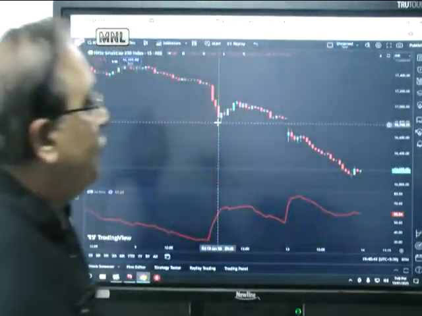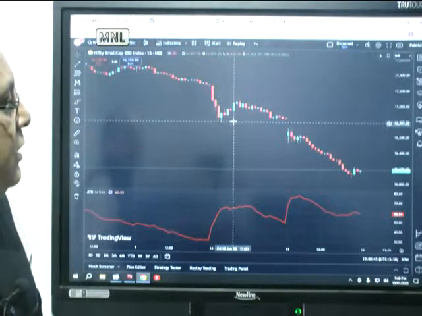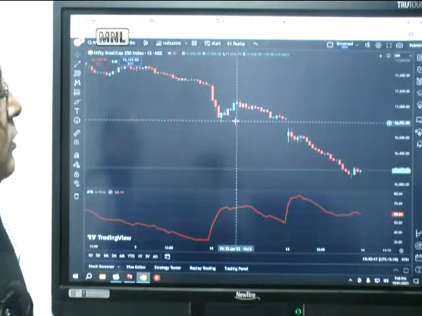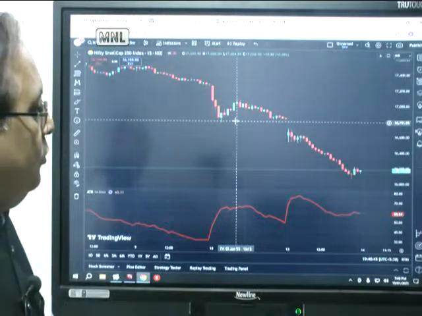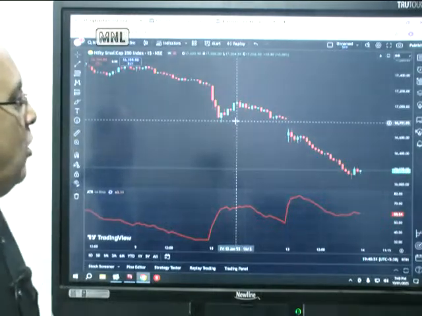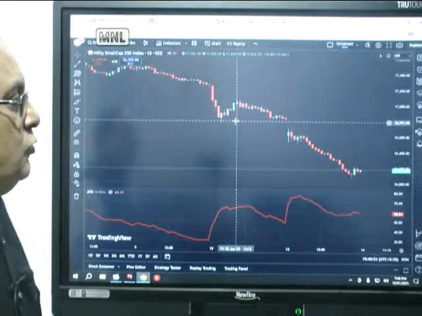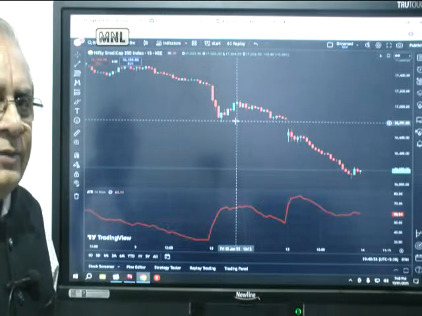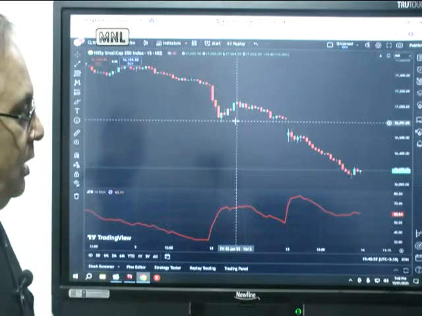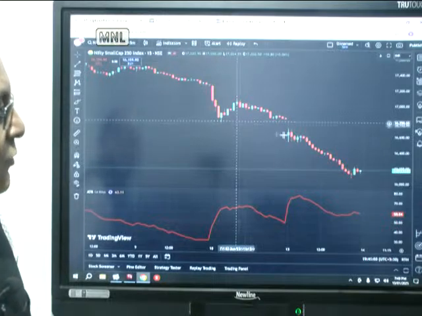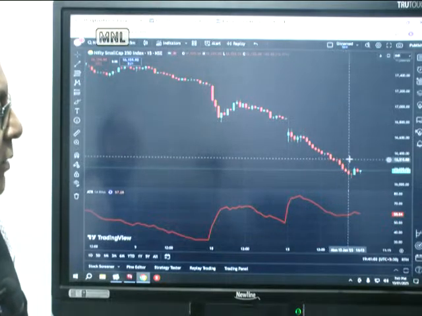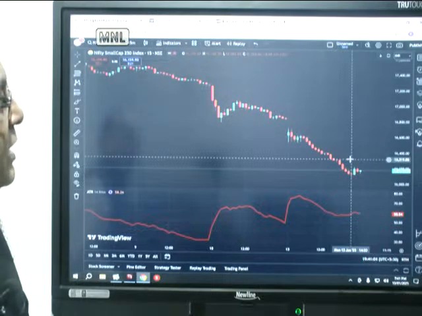It is approximately the 17,050 level, 17,032. The pullback normally on a daily chart should be confined closer to 3 times the ATR of a 15-minute chart. Based on that, it could be some 180 points approximately.